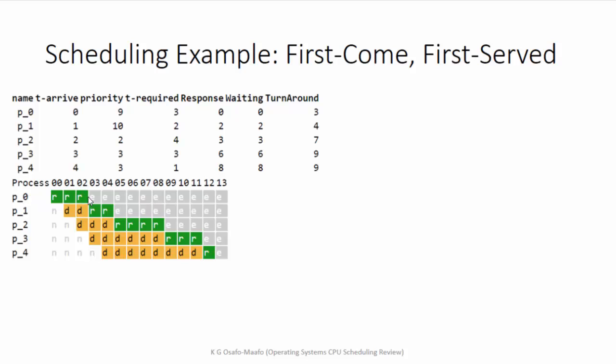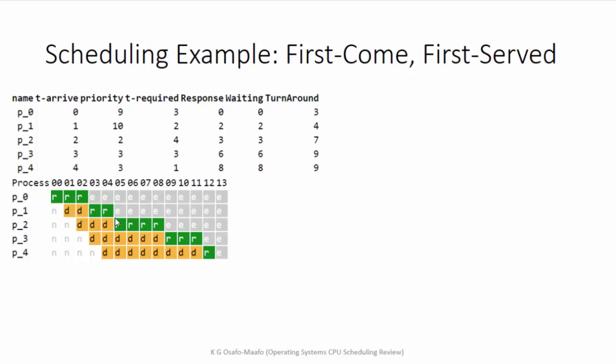When P0 finishes, we ask, of the 2 processes now available at the time this one finishes, which of them came first? That is P1, so P1 now gets to run. And by the time P1 finishes, note that there are now 3 processes, 1, 2, 3, that have arrived whilst P1 was running.